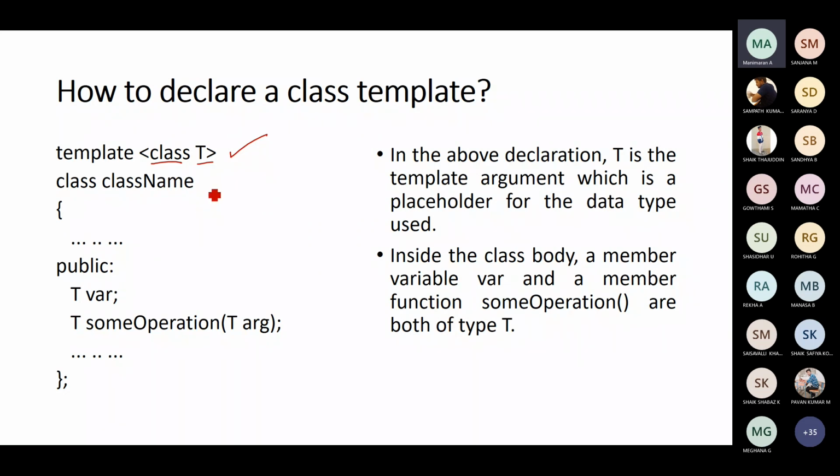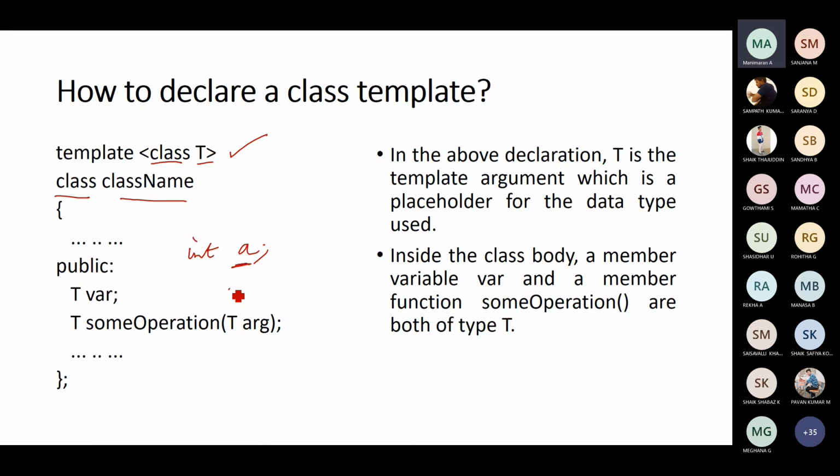So as usual, when we are creating a class, class is a keyword and then the class name, and within this class we have to use member variables and then member functions, whichever we need. Generally, int a means a is a member variable which belongs to the integer data type.